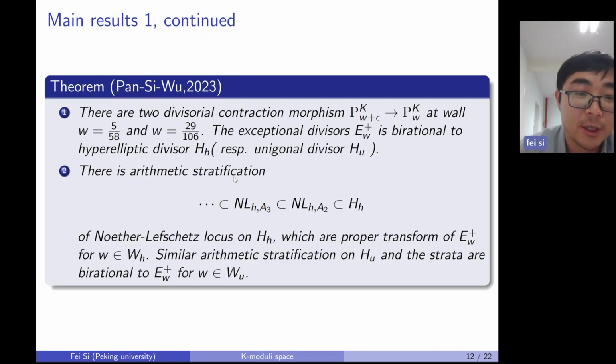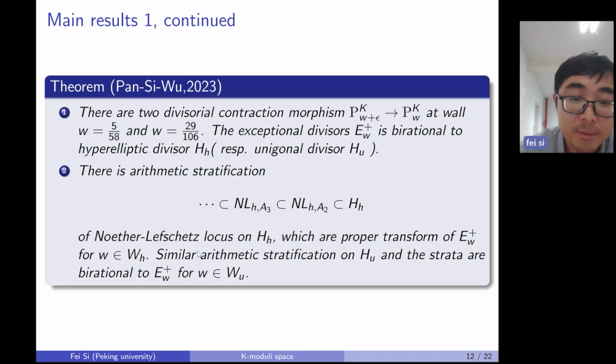We also have an arithmetic stratification for the hyperelliptic divisors. This stratification is known as the Laza-Pearlstein-Zhang Looijenga locus. Actually, we get the result that this Looijenga locus is the proper transform of the exceptional loci at each wall.